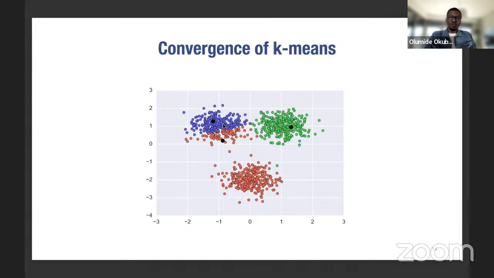We have these 3 black points, which is what we started with. We computed the distance between these points and the centers. We ask which center is closest to each point, and we assign that point to the center closest to it. In the next iteration, we create a new center.